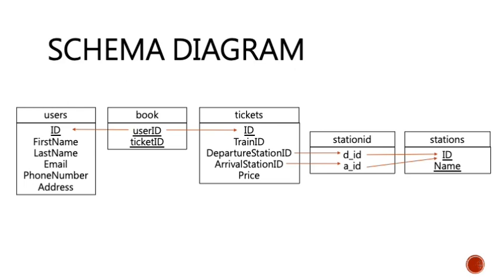And this is our schema diagram. And we have 5 tables. The first one is the users table, and the second one is the book table, then tickets, station ID, and station.